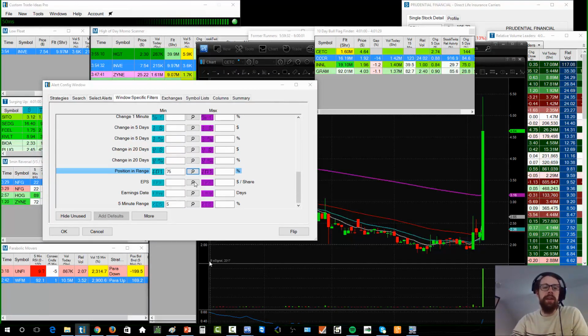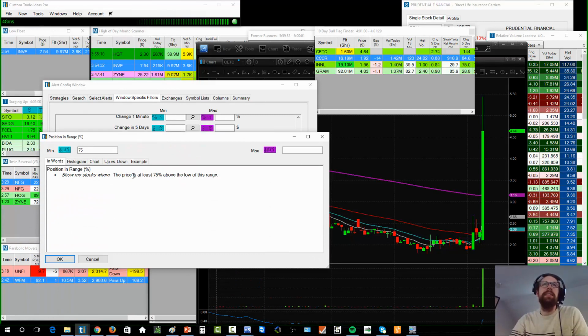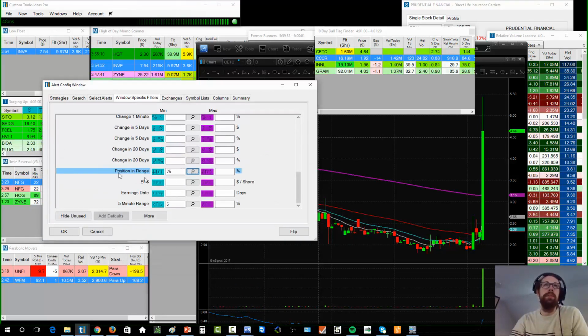Let's click the magnifying glass, and this will say the price is at least 75% above the low of this range, which is today's low of day. So that's good. All right. So we're going to be in the top 25% of a stock that had a 15% range in the last hour, but is now in a 5% range.